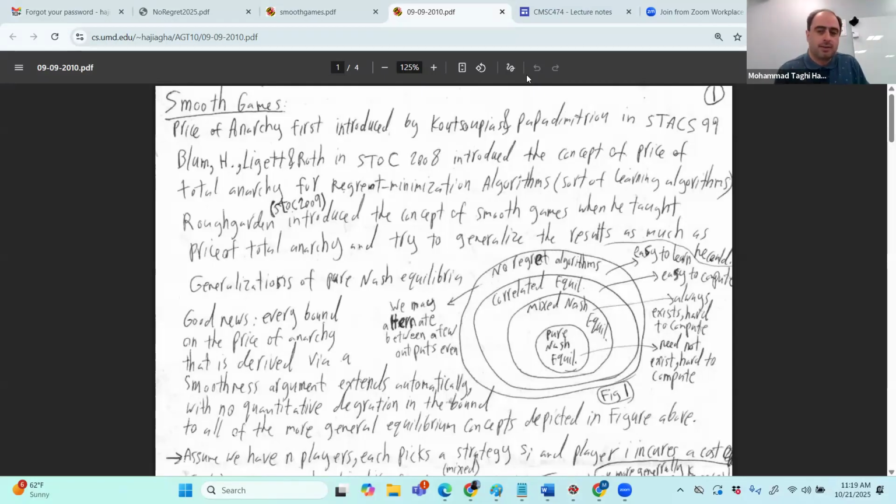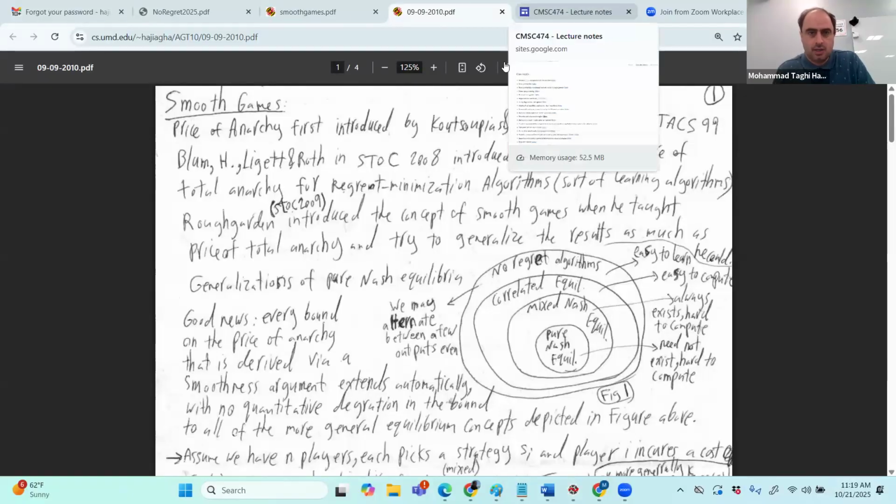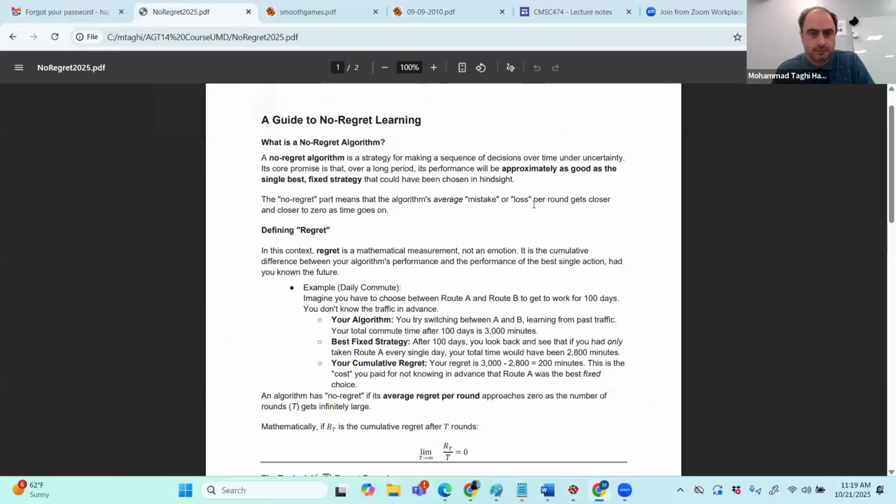In some sense, the smoothness came out of the paper that we had about no-regret algorithms. What are no-regret algorithms? Let's go through this. I talked about the dynamics of Nash equilibrium.